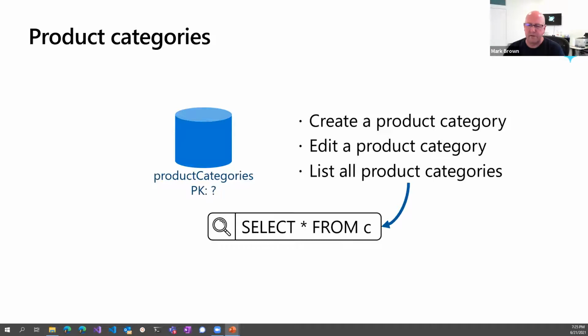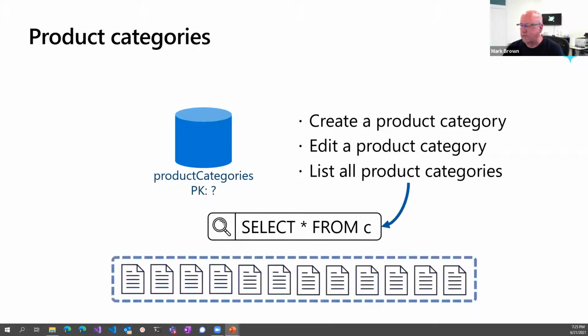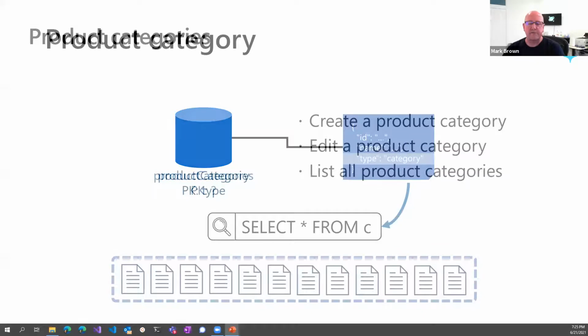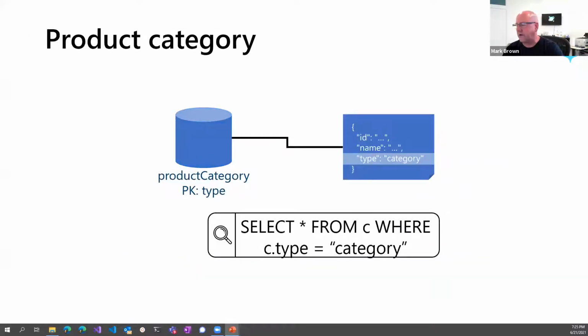There's another angle here that it's kind of a problem. There's no where filter on this query. So how do I make this thing into a single partition query? So the answer to this is to use this little trick. What we're going to do is create a new property, and we're going to call it type.